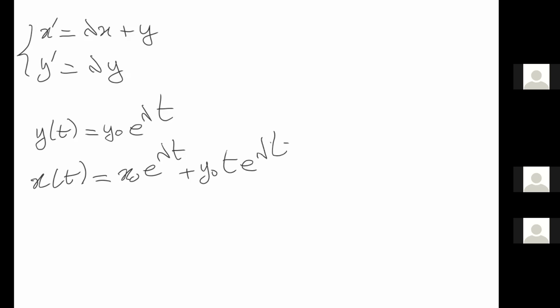But those I can compute. I can compute x as a function of t because, for example, let's assume I choose x node and y node positive. In this case, we saw that x of t and y of t will remain positive.